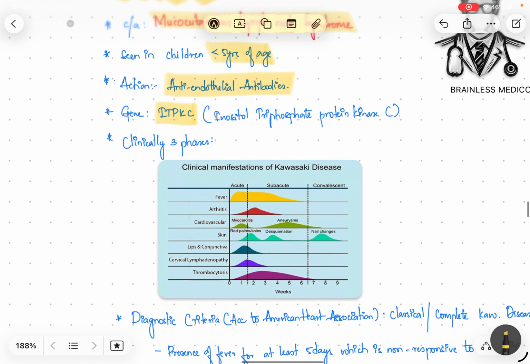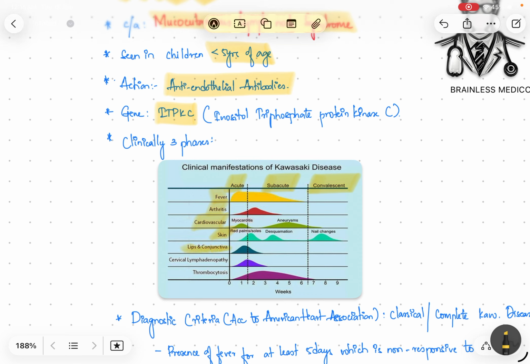Then we have clinically three phases: acute, subacute, convalescent. These are the clinical manifestations, which involve fever, arthritis, and cardiovascular system involvement, which shows myocarditis and aneurysm. In skin, we have red palms and soles, desquamation, then nail changes.